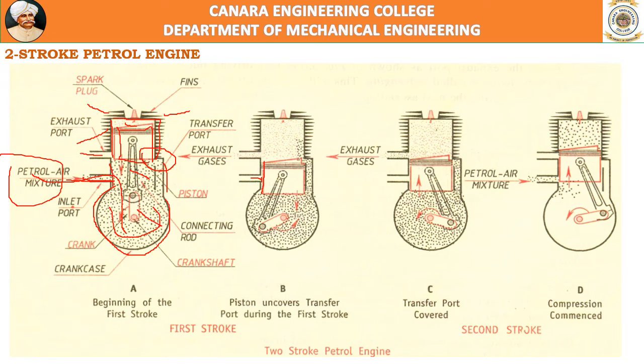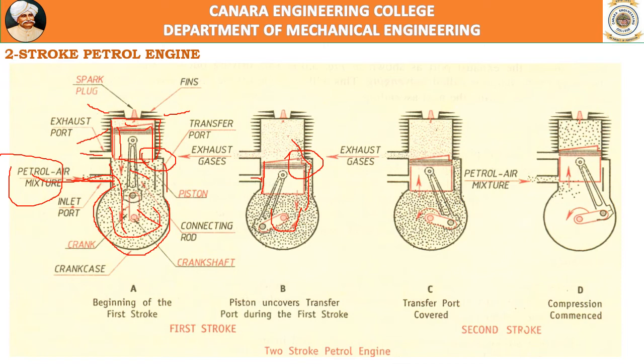It is covered completely by the piston, so there is no inlet. Then you observe the air fuel mixture is passing through a port. This port is called the transfer port, through which air fuel mixture is transferred from the crankcase to the engine cylinder.